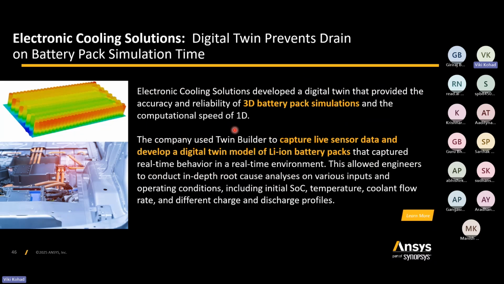This is an electronics battery pack simulation, in the segment of electronics cooling. If they reduce the cooling problem, they have to design a better cooling system. If they design a better cooling system, their heat-up is less.